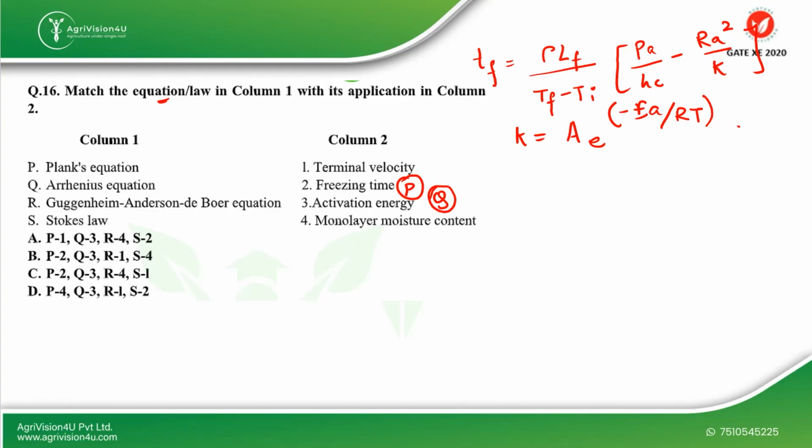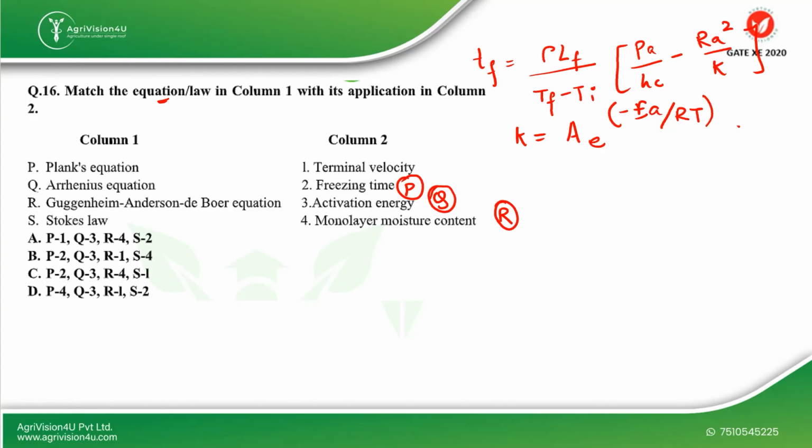So it is about option number 4, that is monolayer moisture content, R4. These GAB models are the most common models used in the determination of the sorption isotherms for different materials.